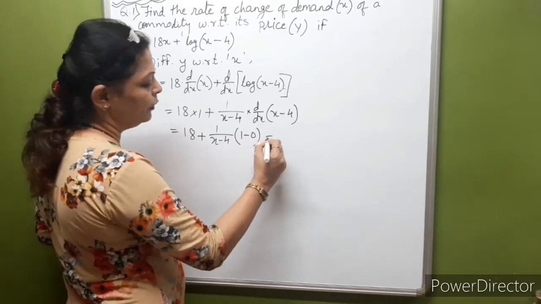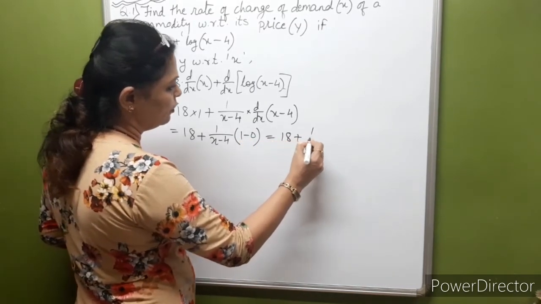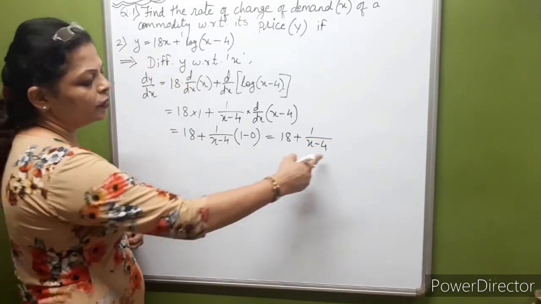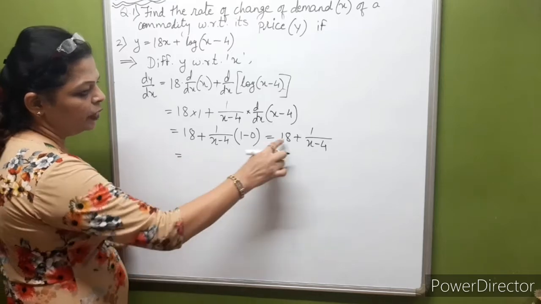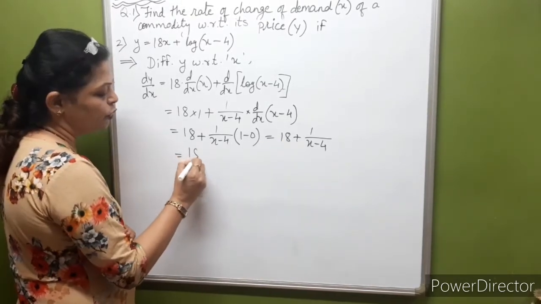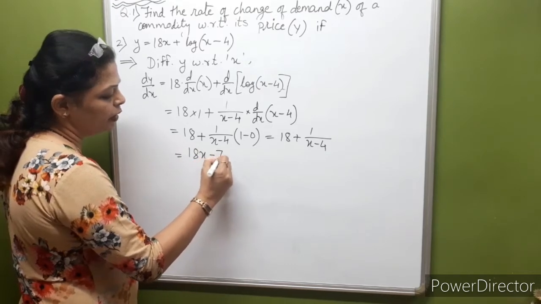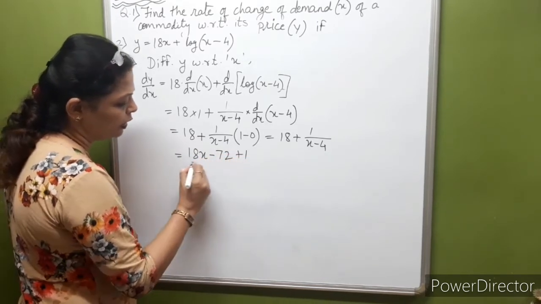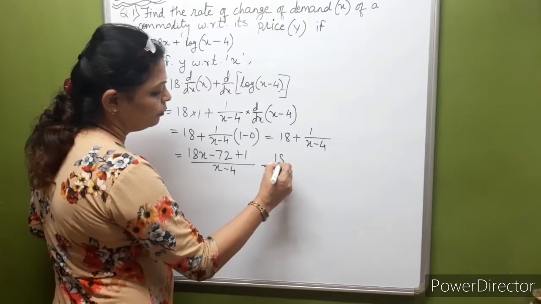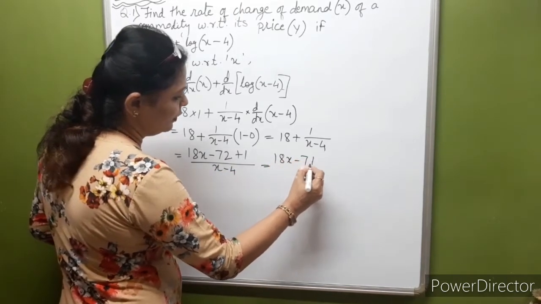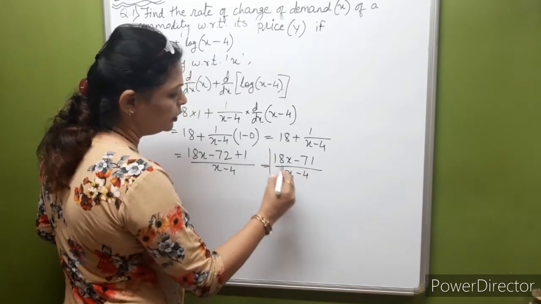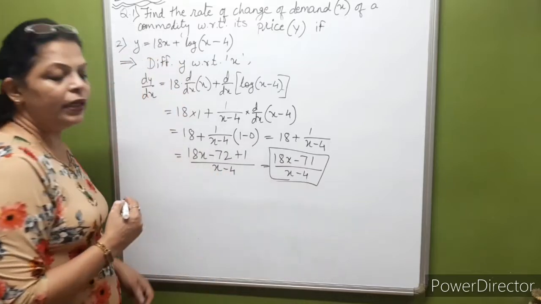Now take the LCM. 18 fours are 72. So you get 18x minus 72 plus 1 upon x minus 4, that is 18x minus 71 upon x minus 4. This is your dy by dx.